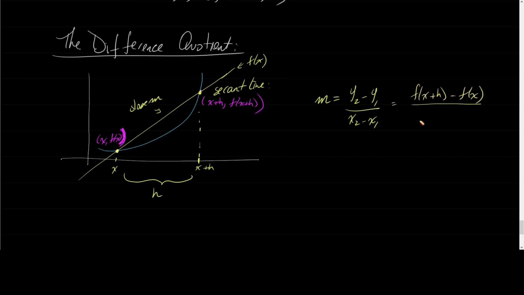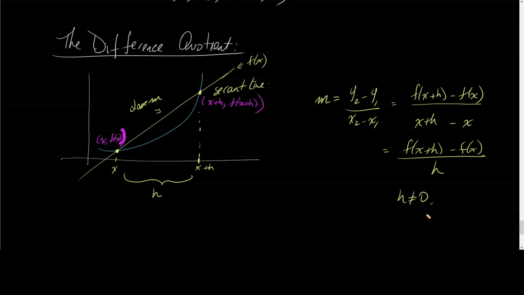At the bottom, x sub 2 is x plus h minus x, which gives me our difference quotient: f of x plus h minus f of x, all of this over h. And this is only true as long as h is not equal to 0. So the difference quotient is just the slope of the secant line of a curve.